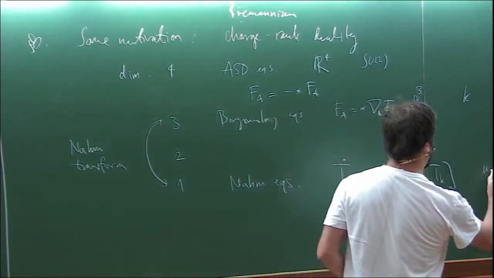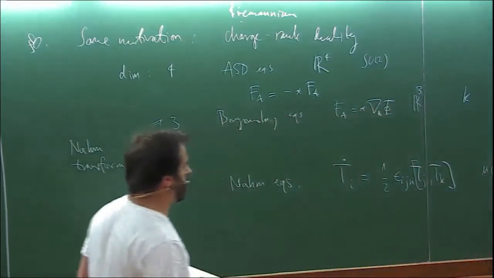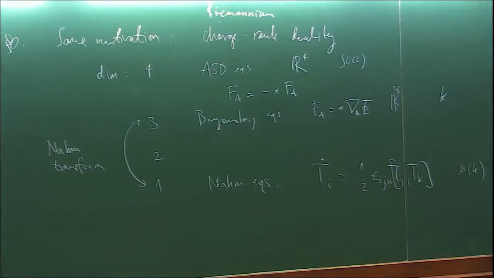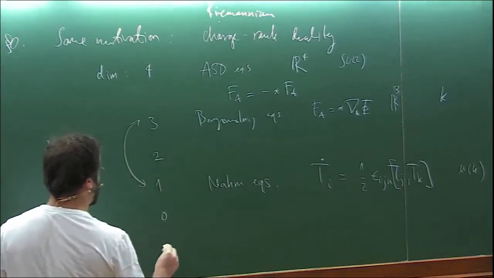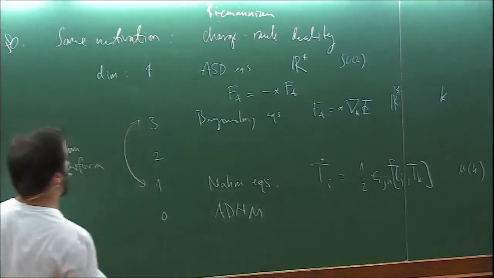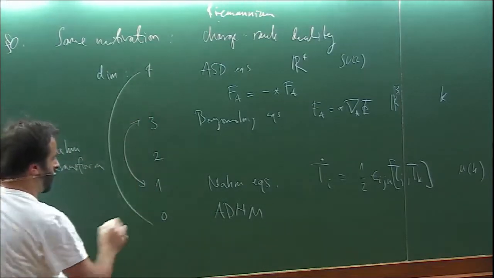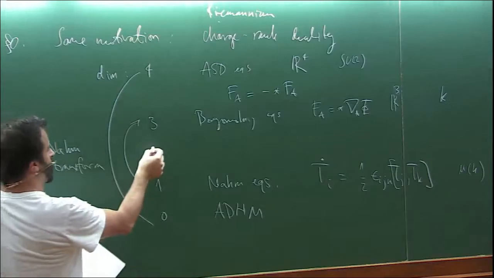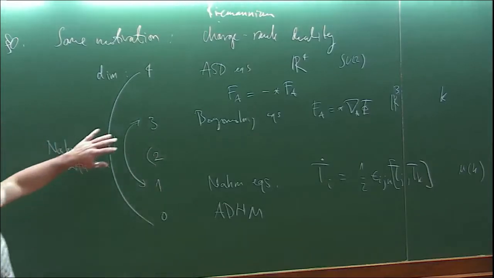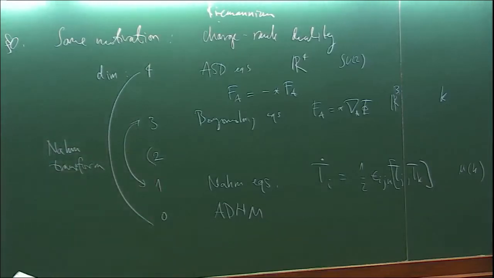For example, for U(k), so k by k anti-Hermitian matrices. And there is also the reduction to 0 dimensions, which is the ADHM transform. So 4 dimensions relate to 0 dimensions, 2 dimensions are sort of self-dual, and there is this relation between 3 dimensions and 1 dimension.